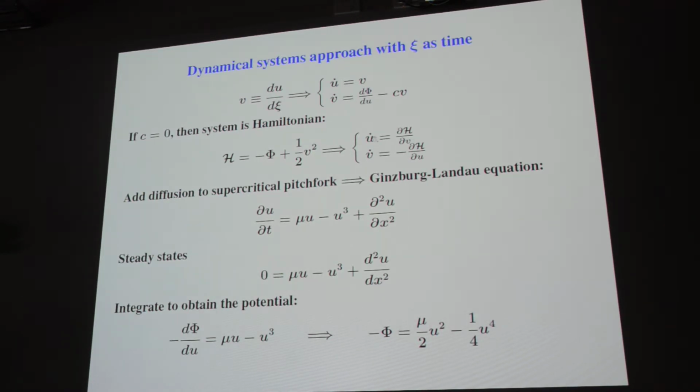The fixed points of this system are such that dH/dv is 0, and dH/du is 0, right?